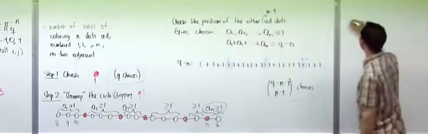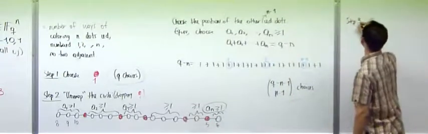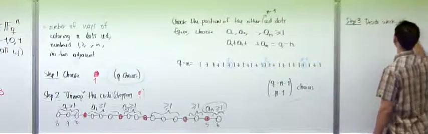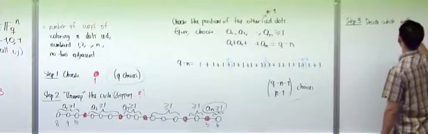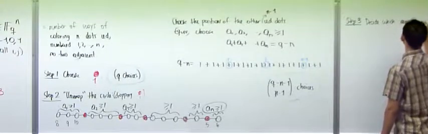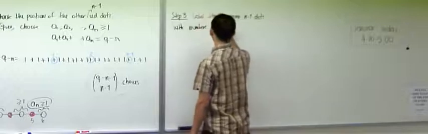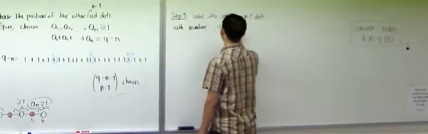And so step 3, decide which are the dots, or in other words, label the remaining n minus 1 dots with the numbers 2, 3, up to n.